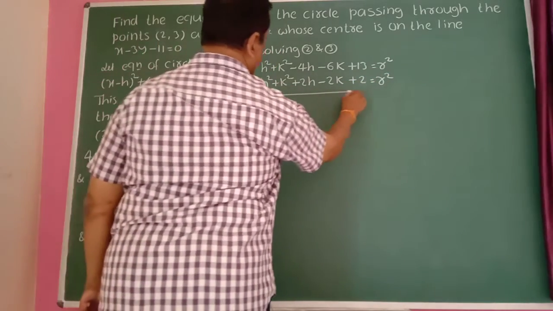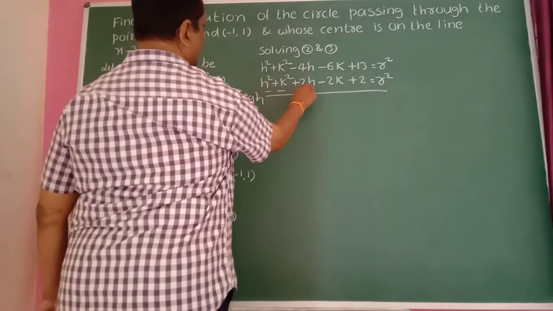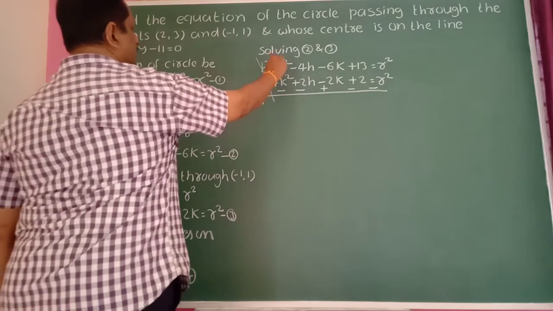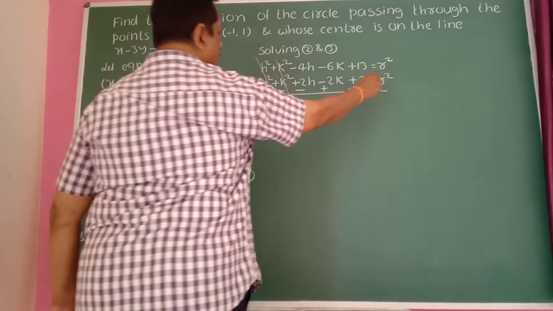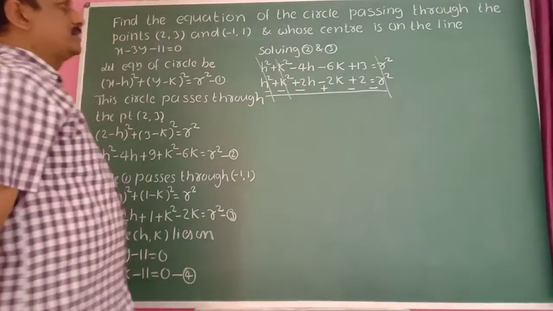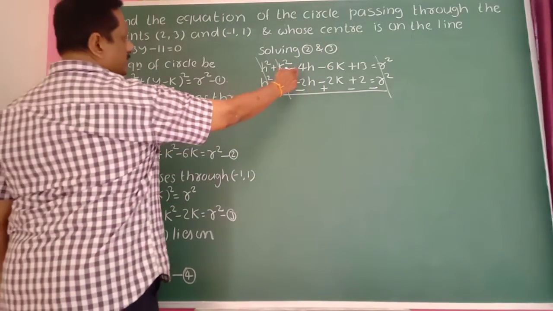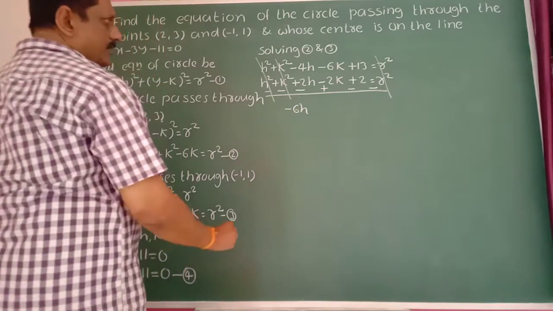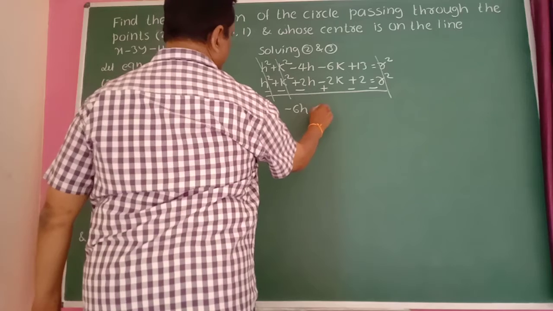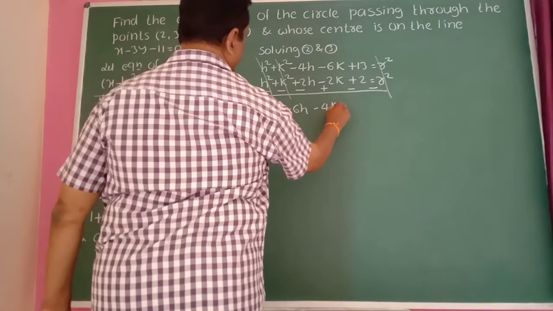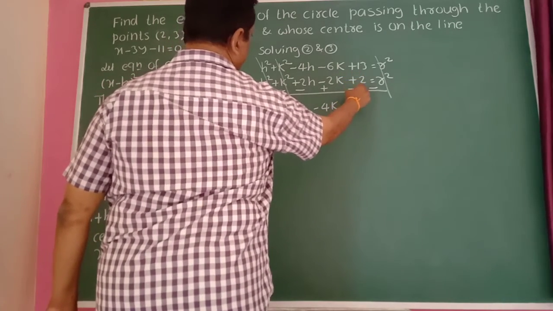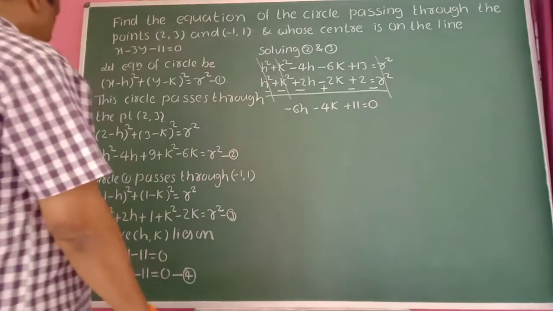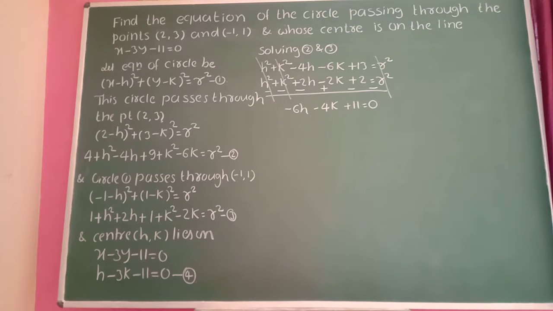Subtracting, change the sign here: h square minus h square cancels, k square minus k square cancels, r square minus r square cancels. Minus 4h minus 2h becomes minus 6h, minus 6k plus 2k is minus 4k, and 13 minus 2 becomes 11, plus 11 is equal to 0.